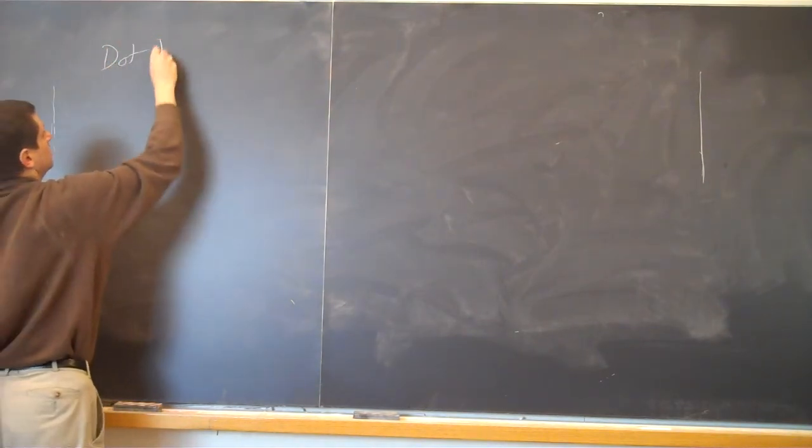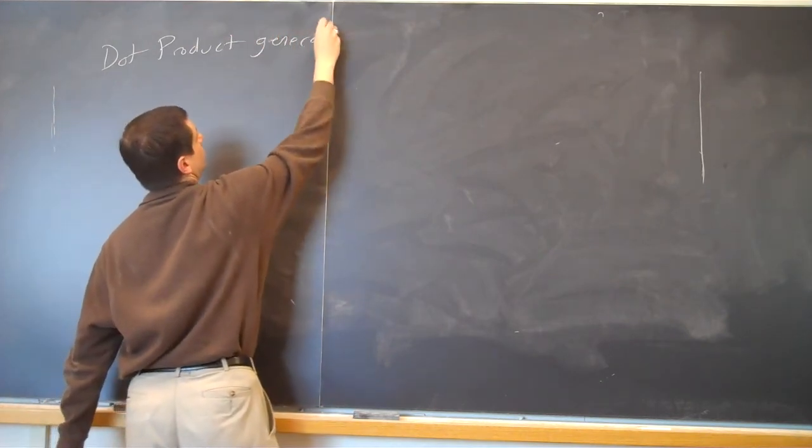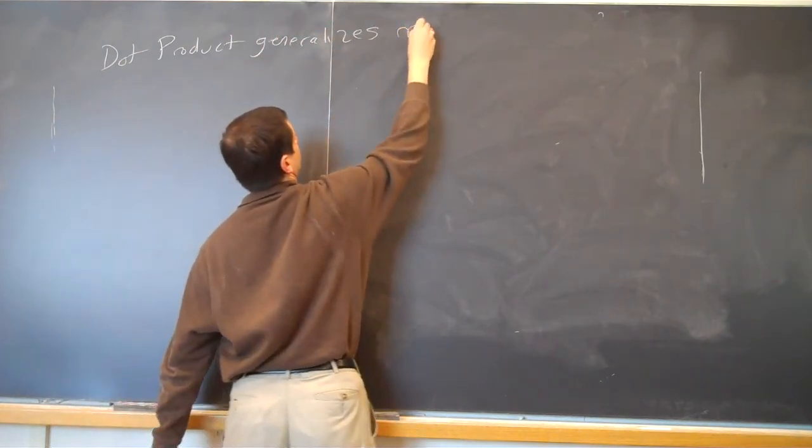How do we do multiplication? So dot product generalizes multiplication.